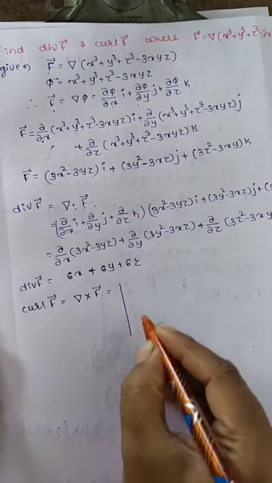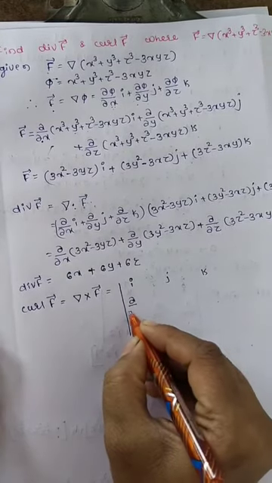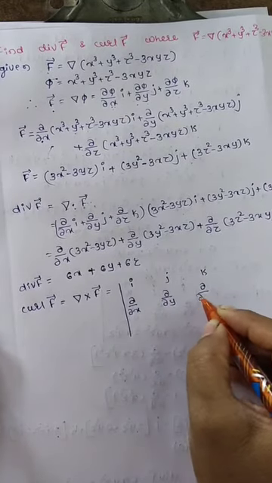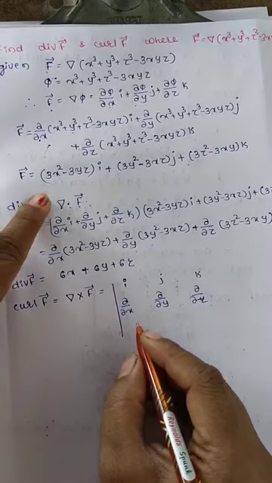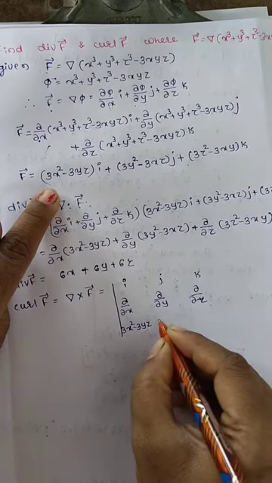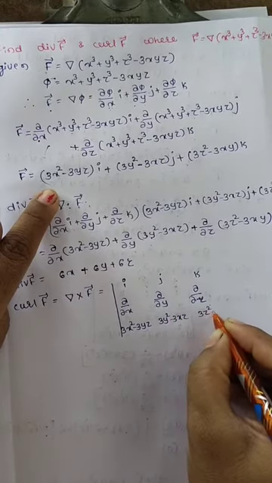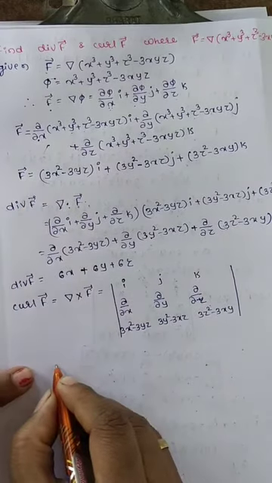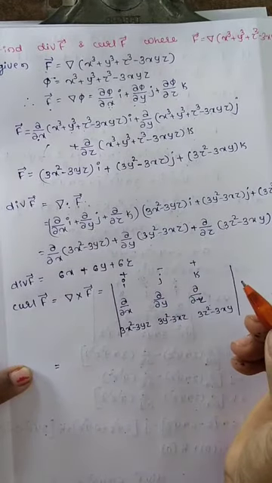It is equal to the determinant with i, j, k as the first row, ∂/∂x, ∂/∂y, ∂/∂z as the second row, and as the third row you apply f: 3x square minus 3yz, 3y square minus 3xz, 3z square minus 3xy. Apply the first row as plus, minus, plus.